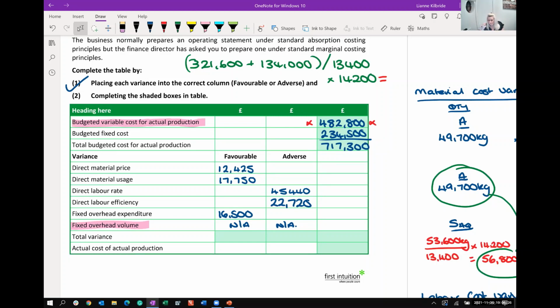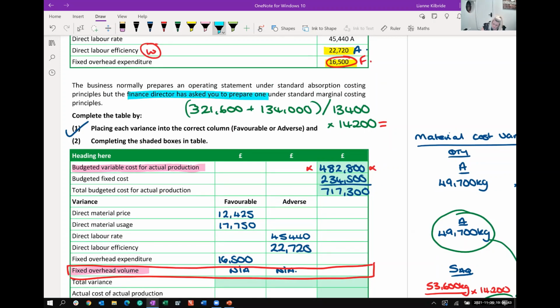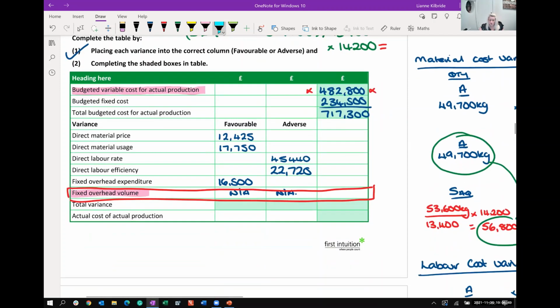Okay, now the fixed overhead volume, just to reiterate, because I know some learners came in later. This is only relevant when you are dealing with absorption costing. Now, because this question has said the finance director has asked you to do an operating cost statement under marginal, you're going to include that.